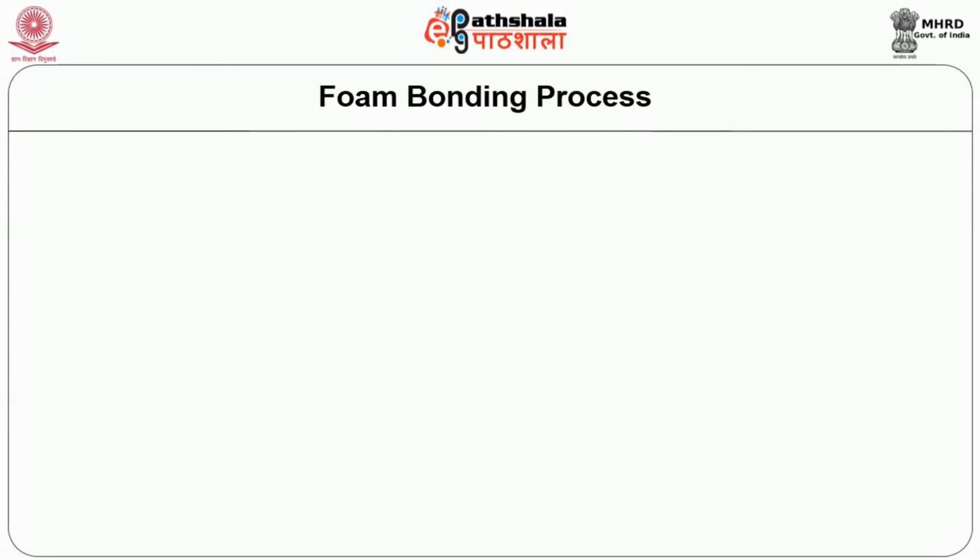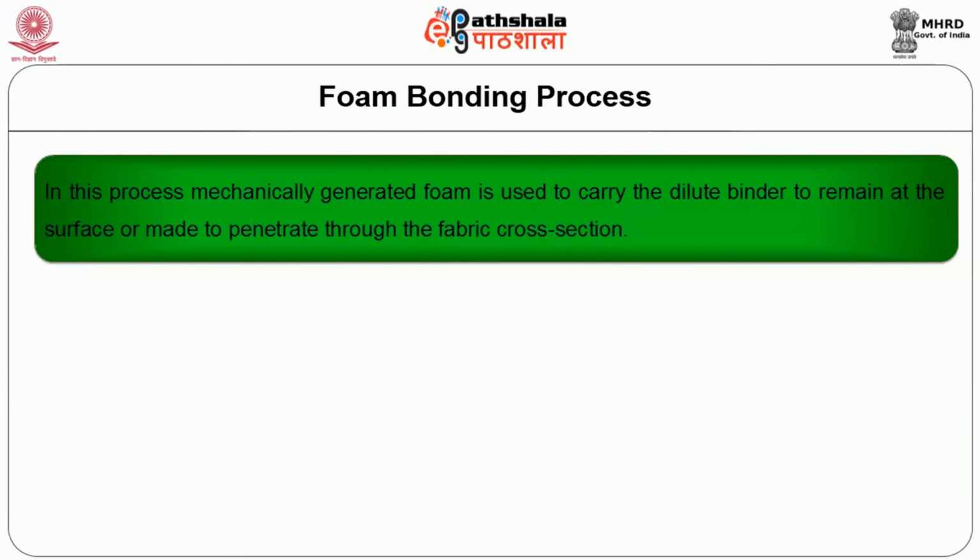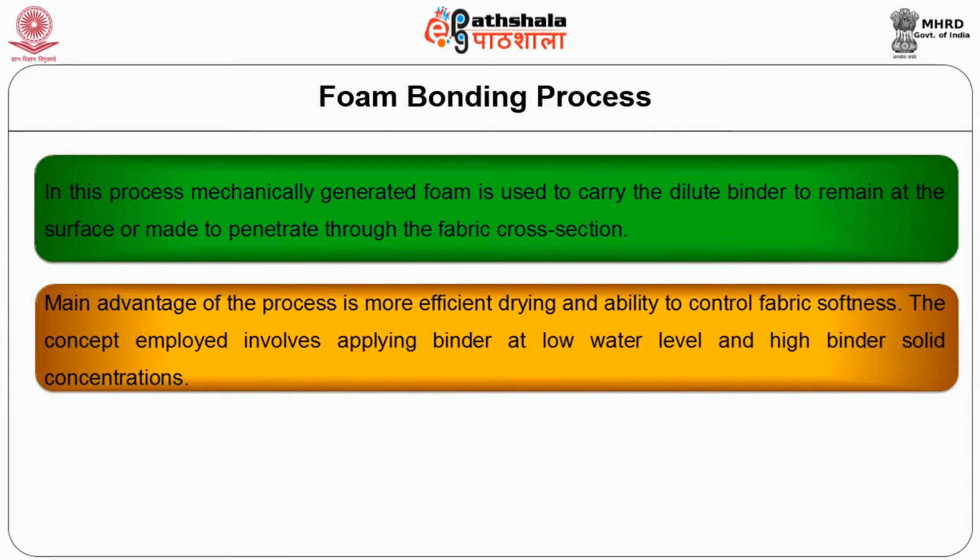Foam binding process. In this process, mechanically generated foam is used to carry the dilute binder to remain at the surface or made to penetrate through the fabric cross-section. Main advantage of the process is more efficient drying and ability to control fabric softness.